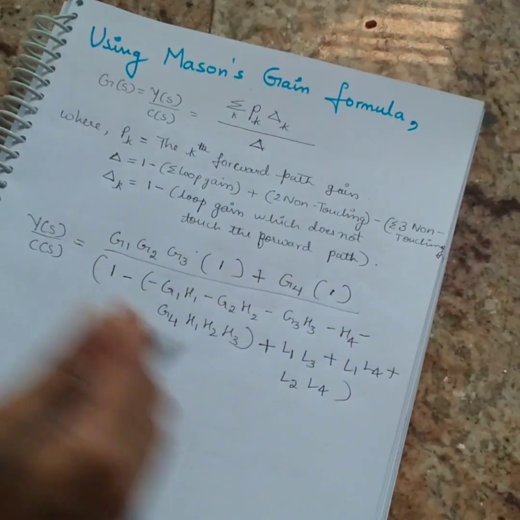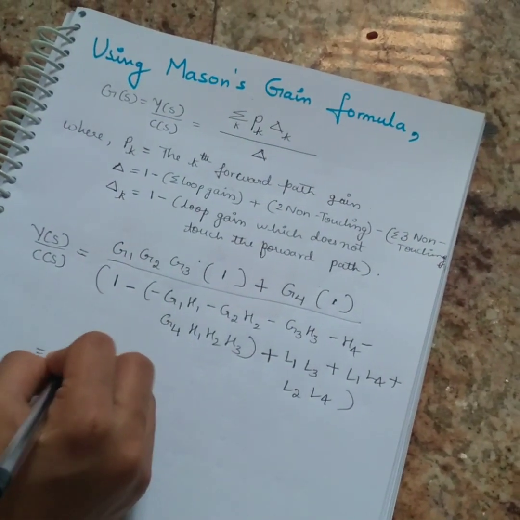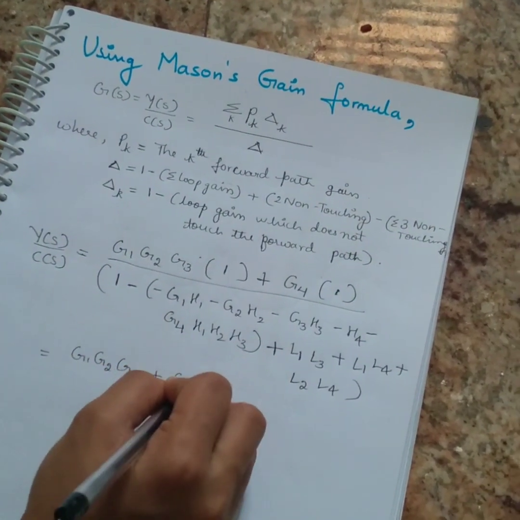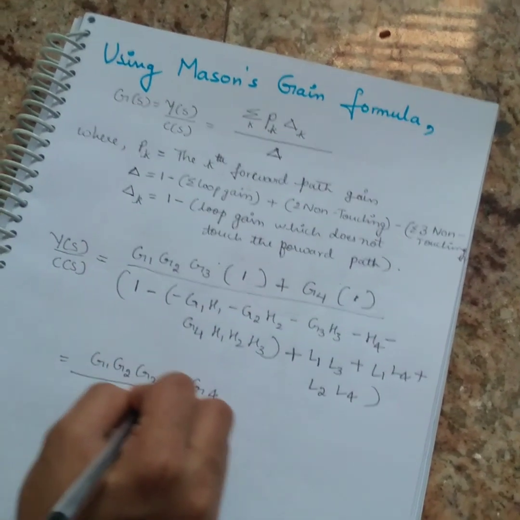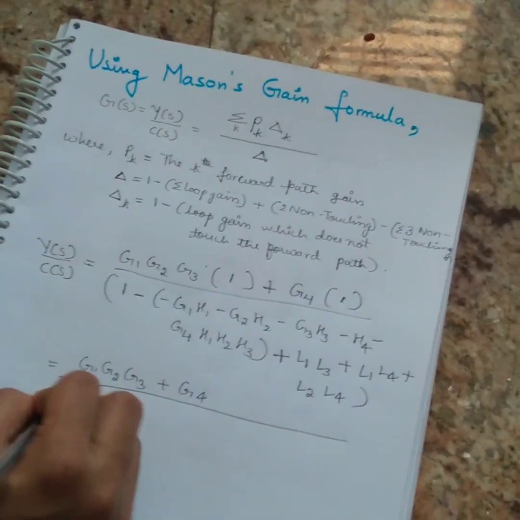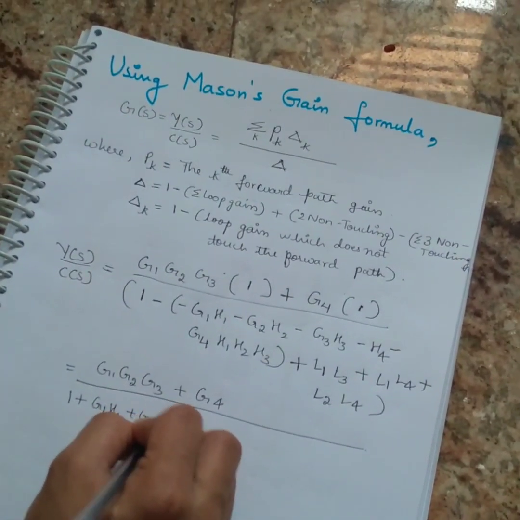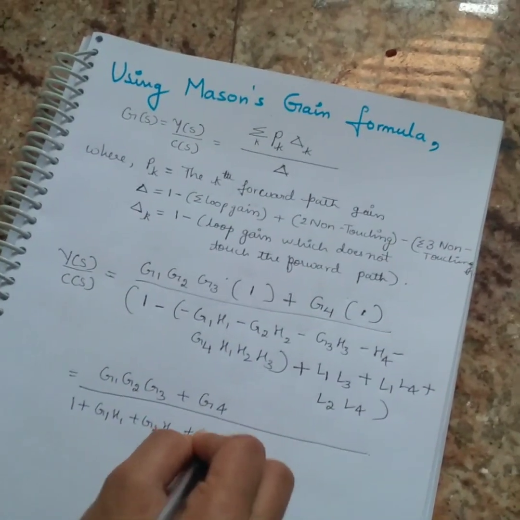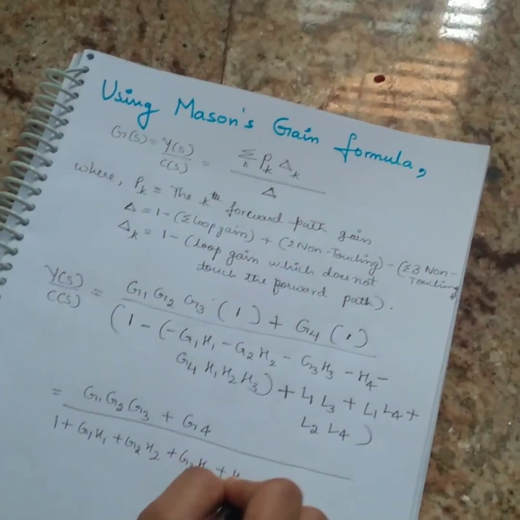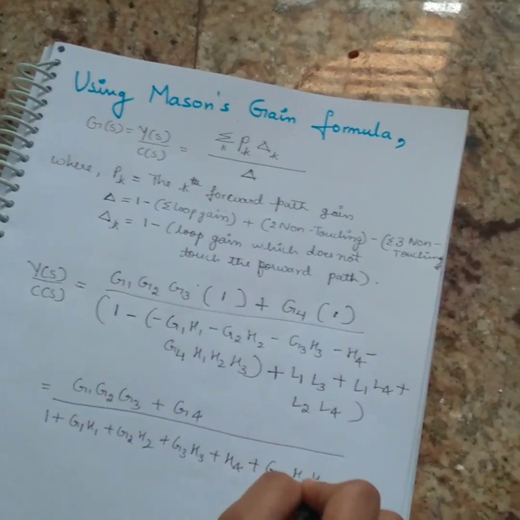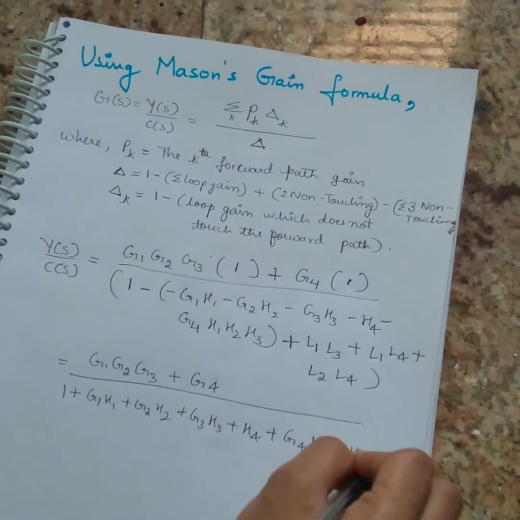Now I'm just substituting everything. So it is G1 G2 G3 plus G4 divided by 1 plus G1 H1 plus G2 H2 plus G3 H3 plus H4 plus G4 H1 H2 H3, plus L1 L3.